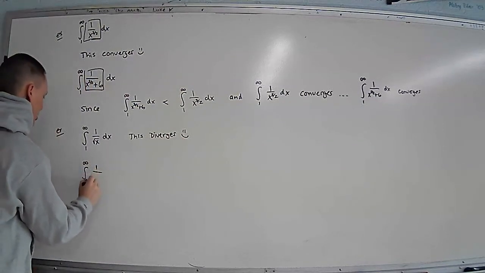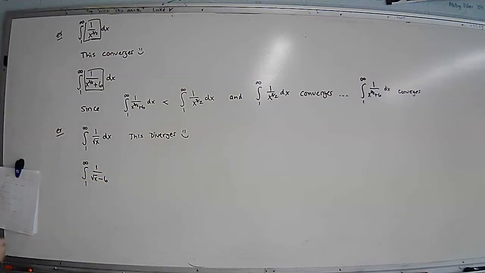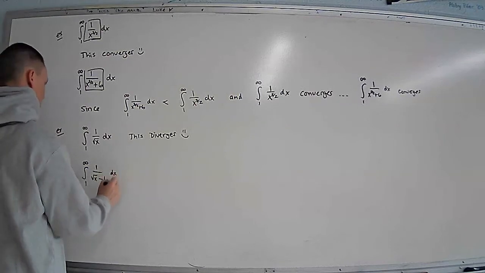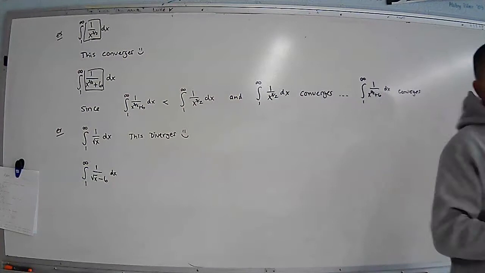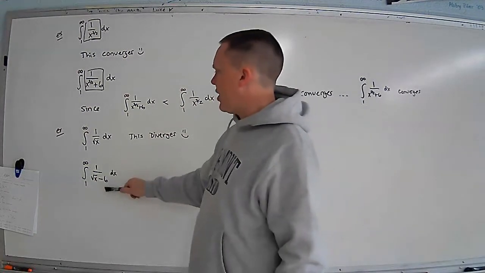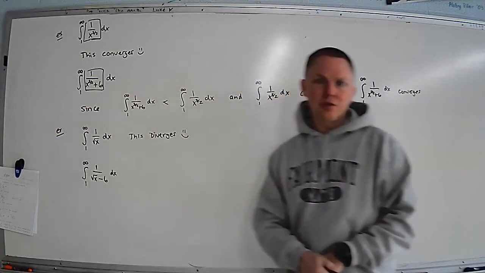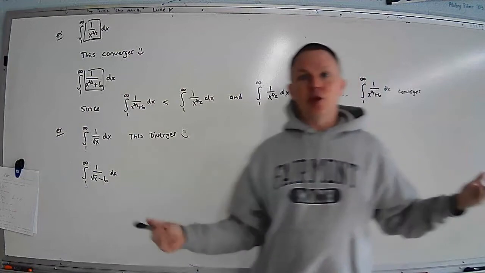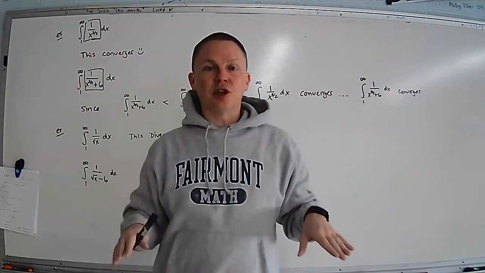Now, I want you to compare that with this integral: 1 over the square root of x minus 6. If you think about this, 1 over the square root of x minus 6 compared to 1 over the square root of x. Again, we're looking at two fractions with the same numerator and different denominators.